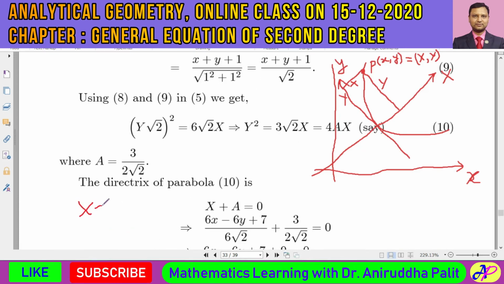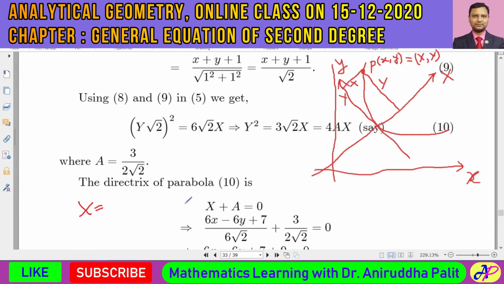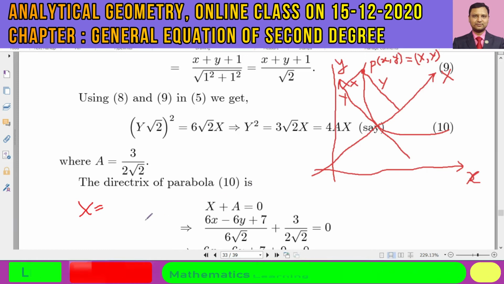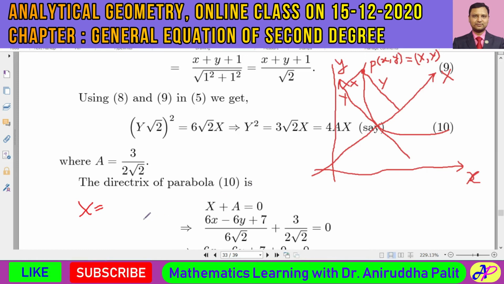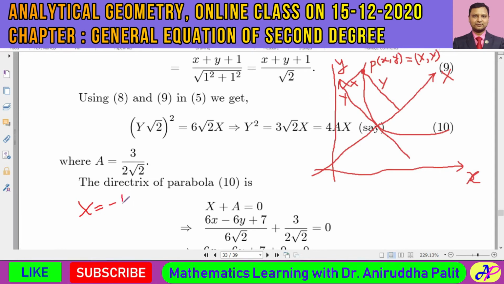X is equal to, over here I am writing the capital X coordinate, because these capital X and capital Y are the coordinates that we generally use in the standard form. So I'm writing everything in terms of these standard coordinates. So X is equal to minus a is the equation of the directrix of the parabola.